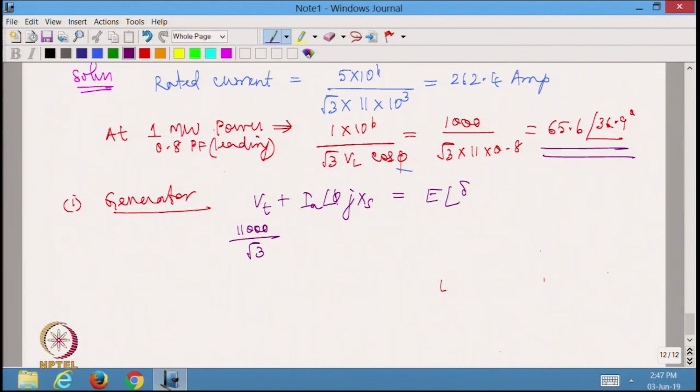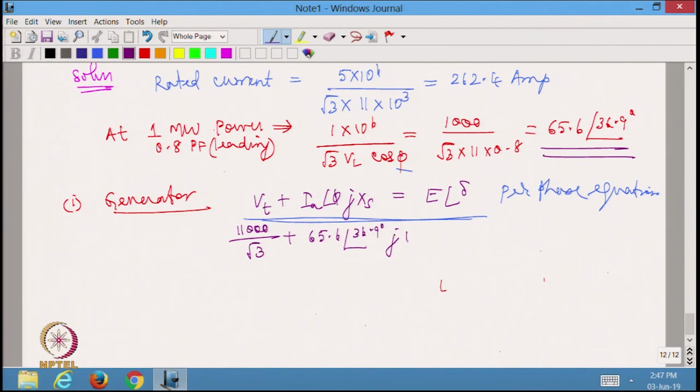If I miss out this root 3, it will be a problem, right, per phase voltage. Always the equivalent circuit, all the equations are per phase equations. Okay. Now, this is 11,000 by root 3, Ia is 65.6, angle 36.9 degrees multiplied by j10, right.